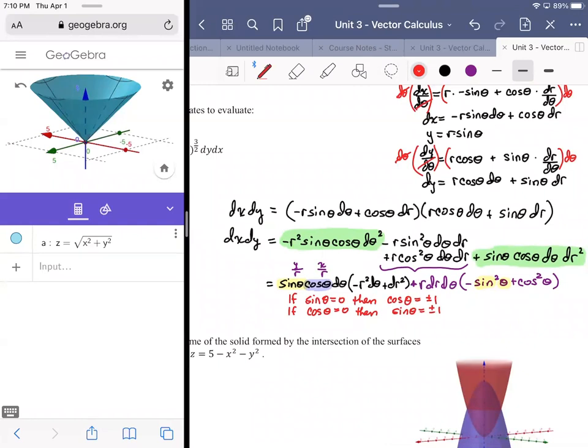Because if I were to say, okay, I'm going to let sine approach 0, then I would be forcing cosine to go to plus or minus 1. But if I convert those pieces over into rectangular coordinates, then I can kind of get around that a little bit. So what I can do is let y go to 0. That would make sine go to sine of 0, which is 0. I'm sorry, that would happen if theta is equal to 0.